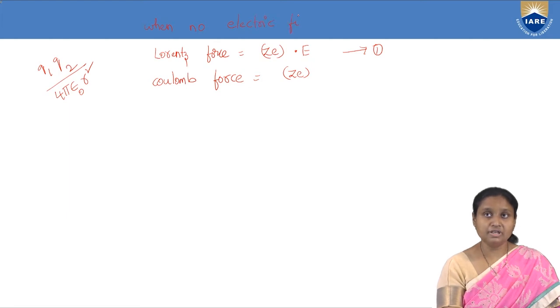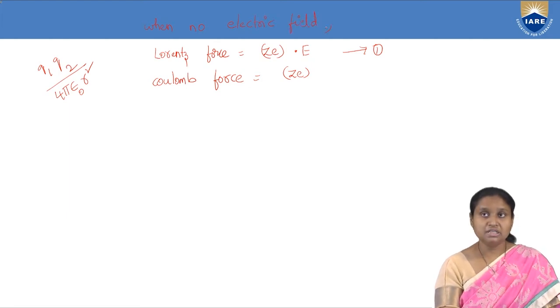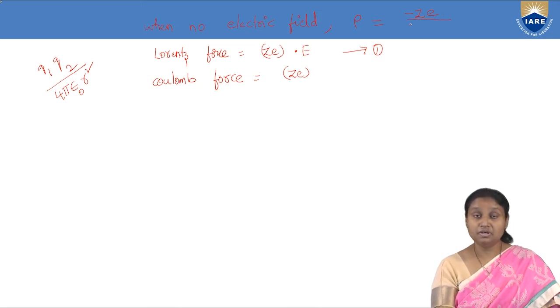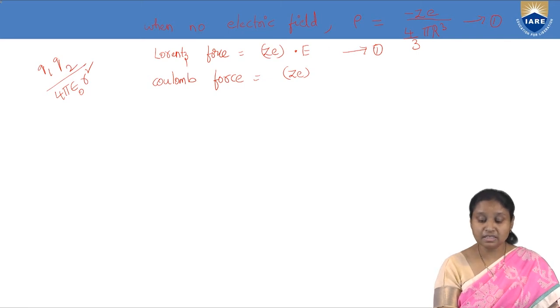The charge density of the electron cloud is nothing but charge per unit volume. The charge of the electron cloud is minus Ze, and it is distributed in a sphere whose radius is R, so the volume will be 4 by 3 pi R cube. We take this as the first equation, and of course the Lorentz force we take as the second equation.